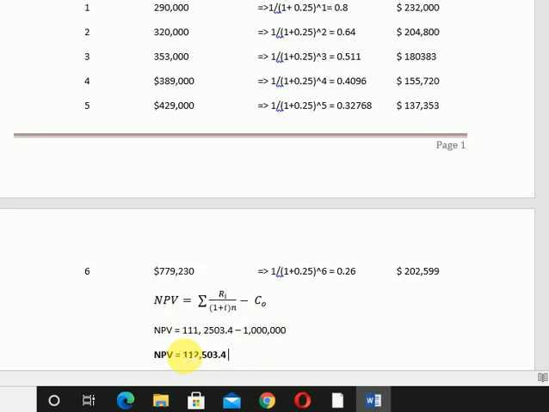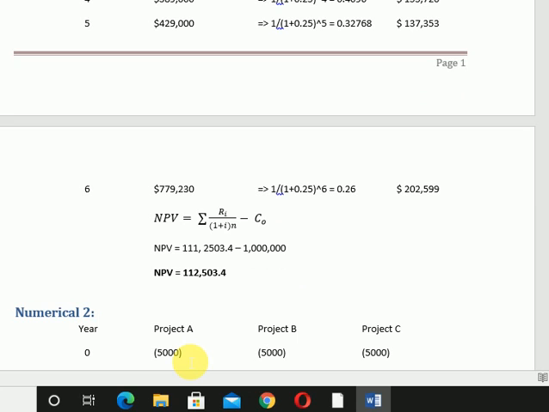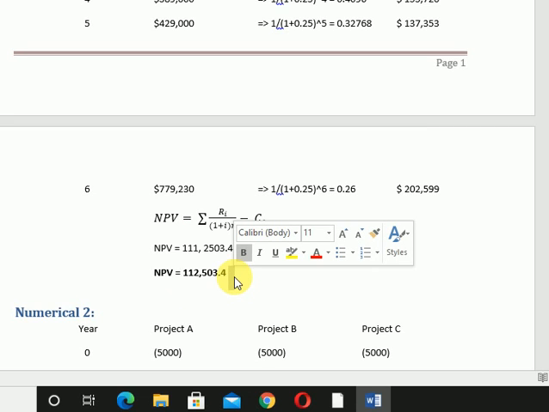So now 11,12,503.4 minus 1 million equals 1,12,503.4. So NPV is positive. When NPV is positive, what is the acceptance and rejection criteria?